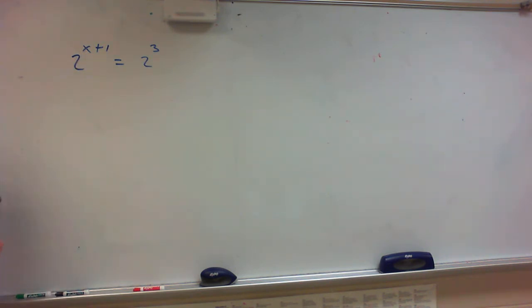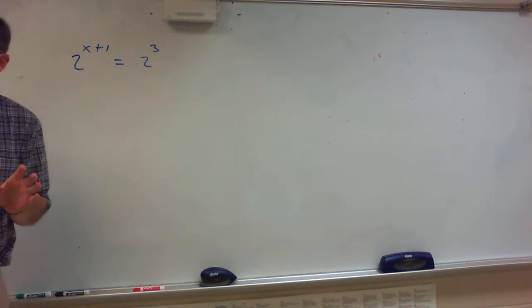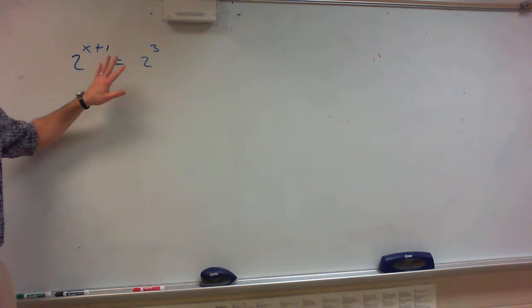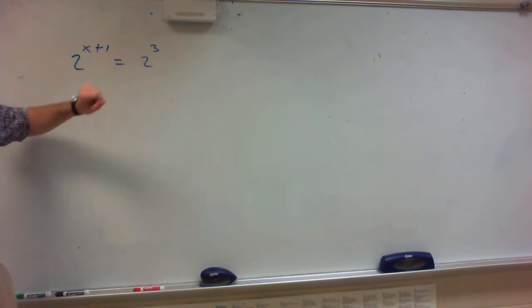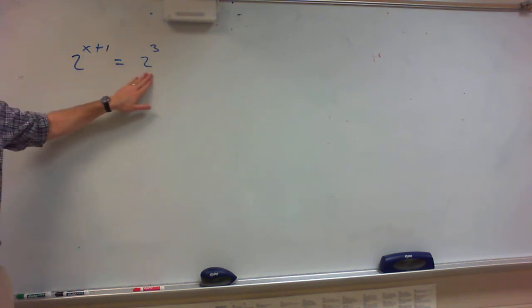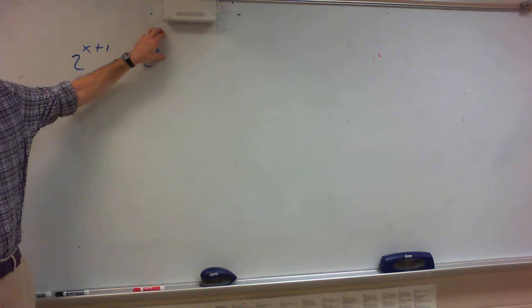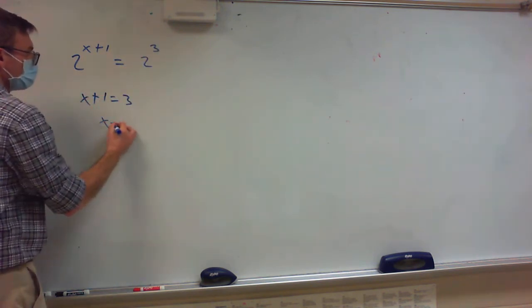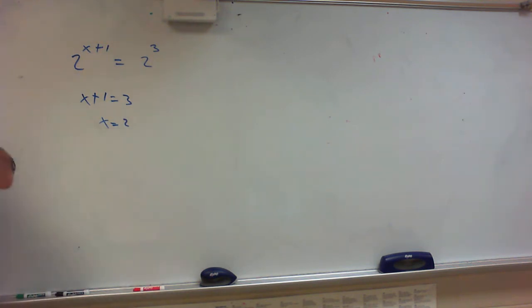Everything we do today is kind of simplified down to something that looks like this. Notice how this 2 equals this 2. And if this 2 equals this 2, that means this exponent has to equal this exponent. And so we end up with x plus 1 is equal to 3, and we end up with x equals 2. And we have now solved an exponential equation.